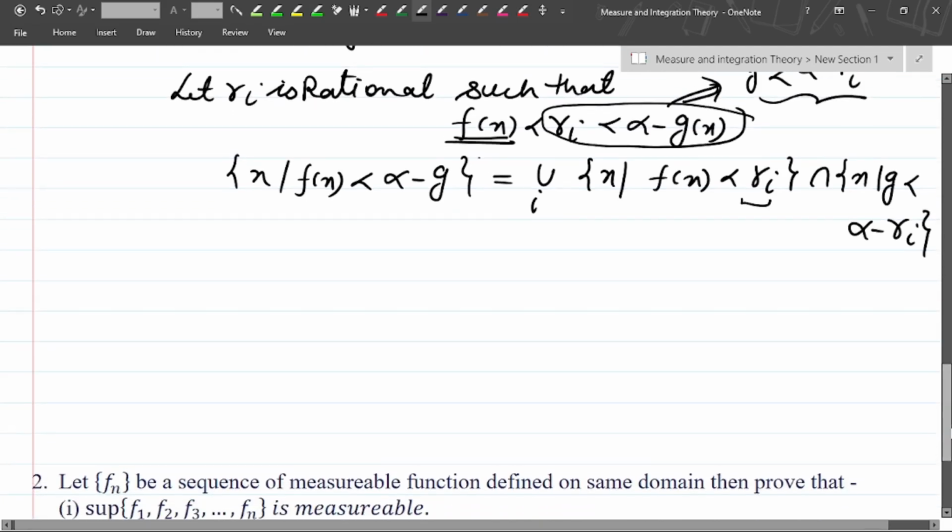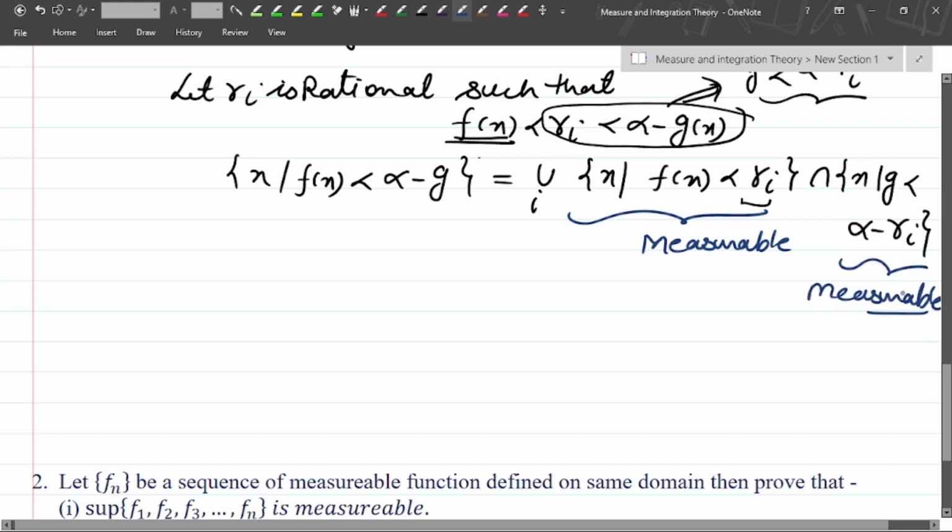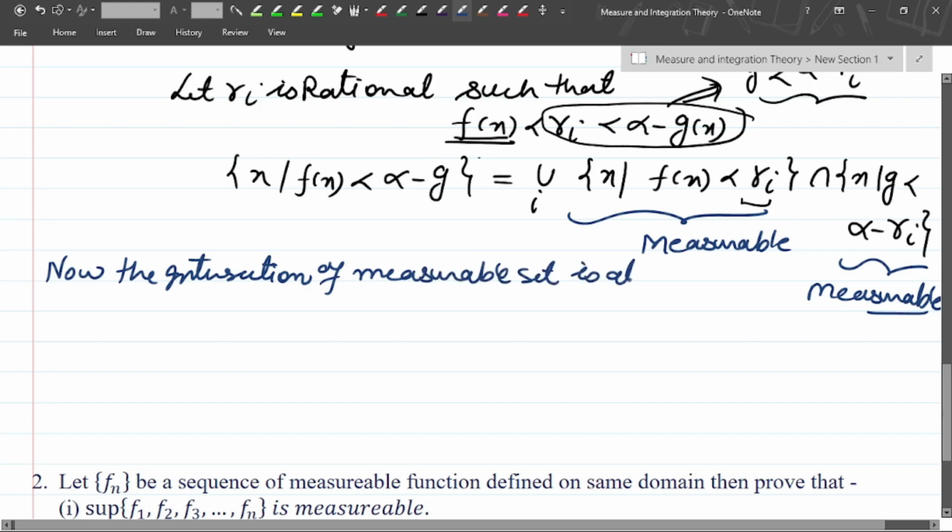And now the intersection of two measurable sets is a measurable set, or measurable function, you can say. Then the intersection of measurable sets is also measurable.